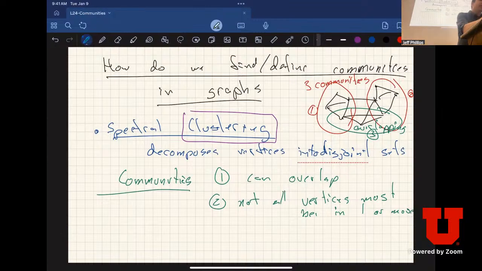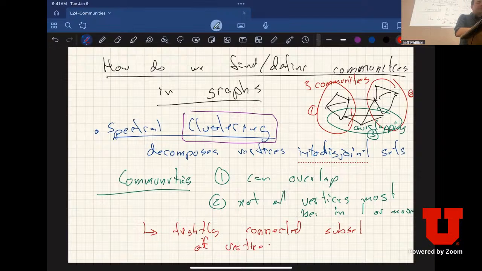So we want this to be a tightly connected subset of vertices. For two vertices V and V prime inside of a community, the probability that V prime is in the edge set is going to be high.